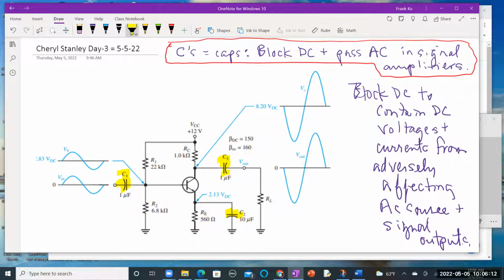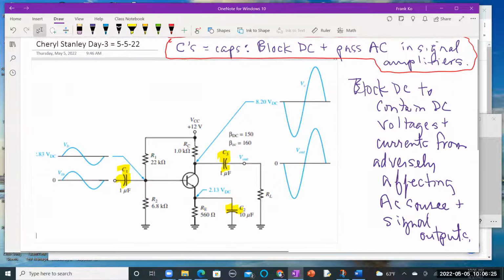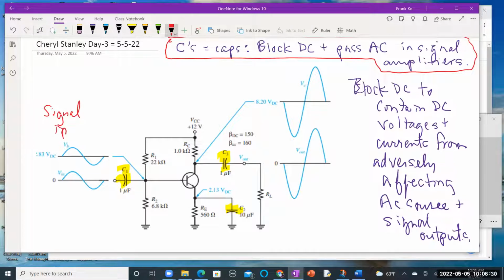As we look at this, this illustration shows the signal in, and we have the signal input right here. And if you take a look at RL, the L stands for what? Do you remember?